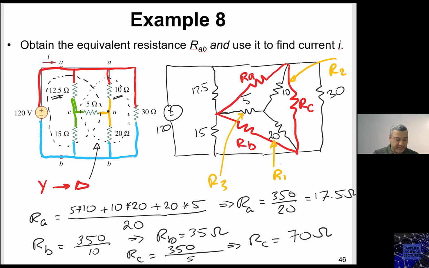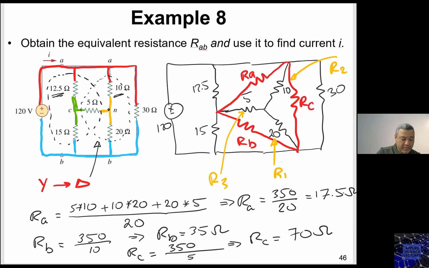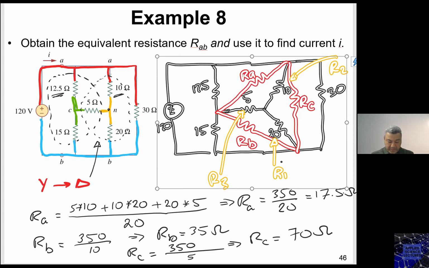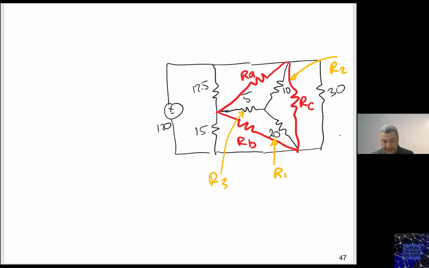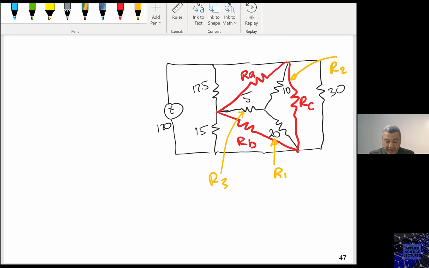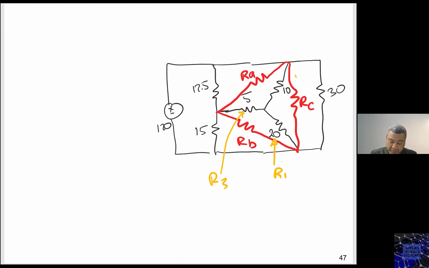Now, if I come here, and now I remove those.